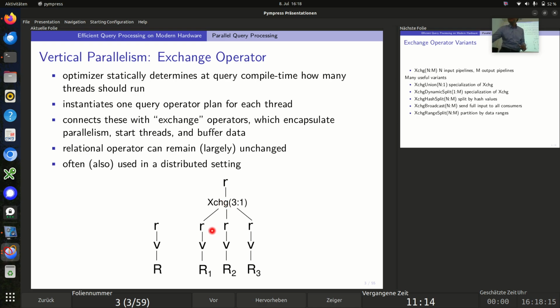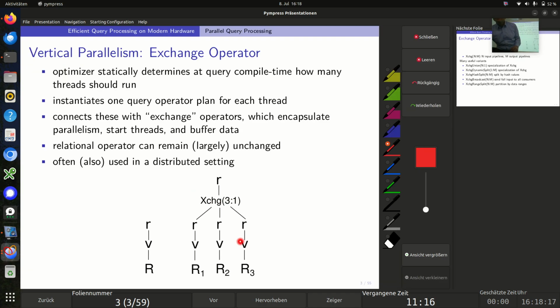This is gamma, actually. Sorry for the bad symbol, this is the aggregation. So we have a single query plan with an operator, for example a selection here, and then what we do is aggregation afterwards.